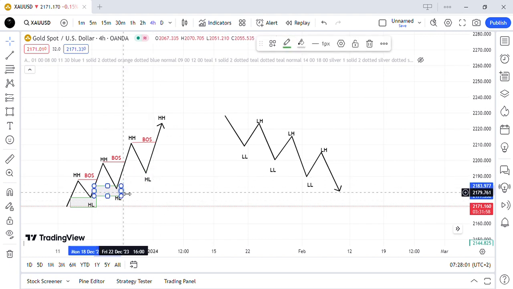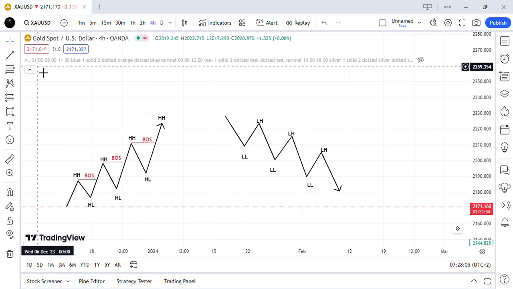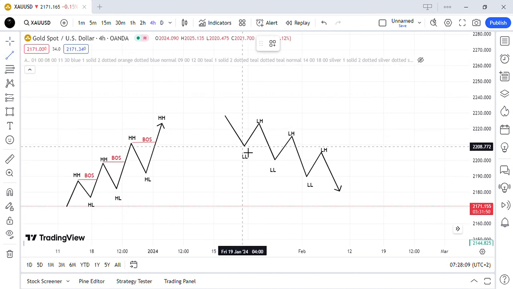But I want to show you on the red charts what I'm talking about. Same applies this side. Break of structure, showing that the market is going to continue downside.